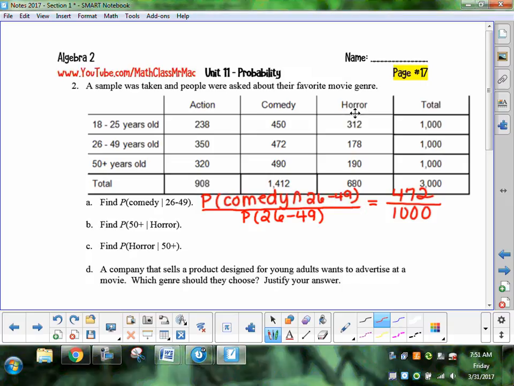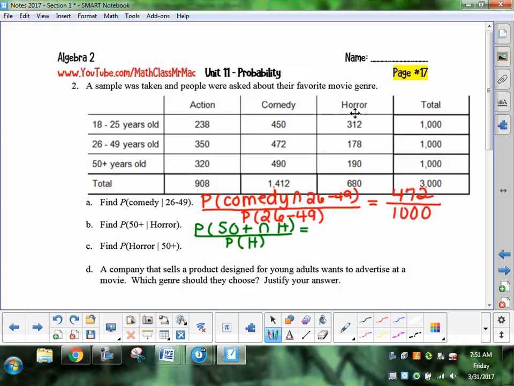What do we need to write out for the next one before we plug numbers in? Noah, what would you say? You need the probability of horror and 50 plus. So 50 plus and horror all over what? The probability. Yep.